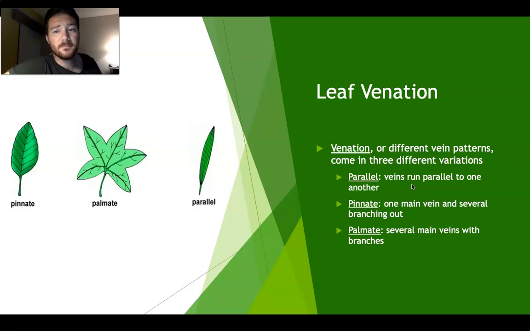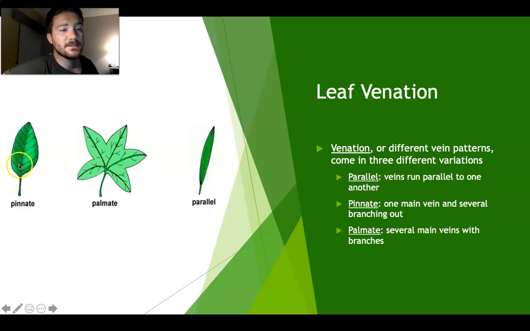Venation, or different vein patterns, come in 3 different variations. You have parallel, where the veins run parallel up and down. Grasses are a great example of things that are parallel. Palms too, because they're monocots. And most monocots display a parallel venation pattern.